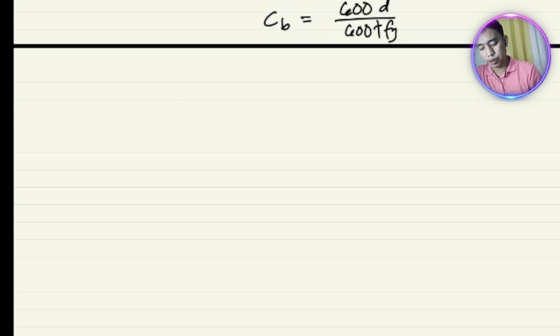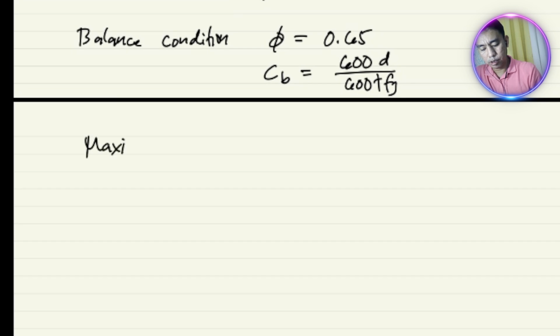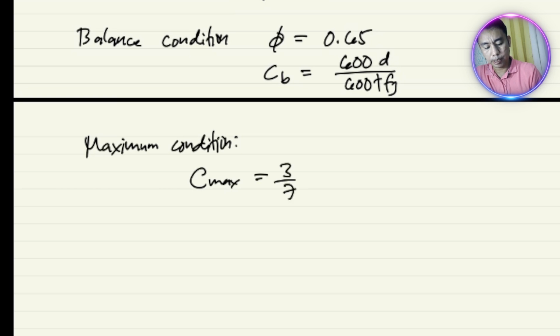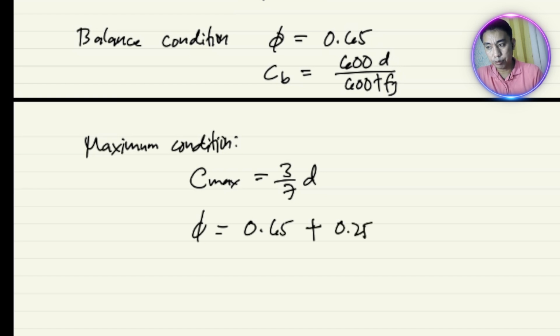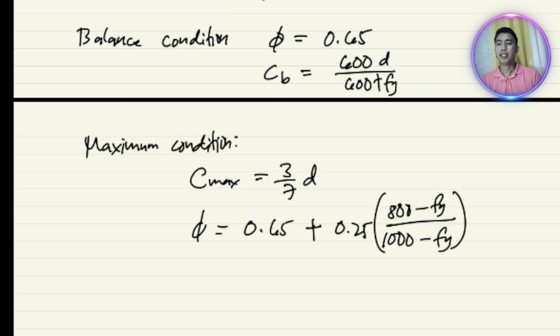Now for maximum condition, Cmax, ganun pa rin ang formula, 3 over 7 of D, where phi is yung transition, 0.65 plus 0.25 times 800 minus Fy over 1000 minus Fy. Okay, guess you know the formula.